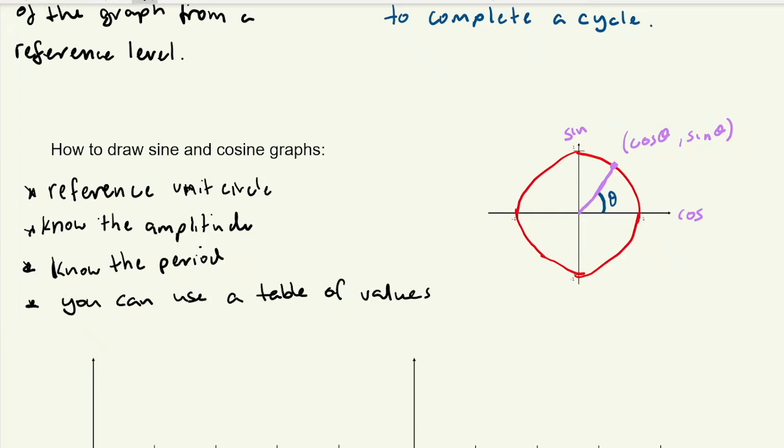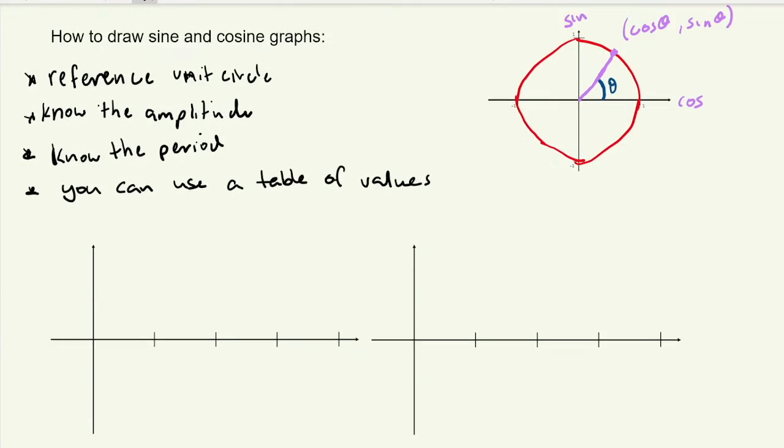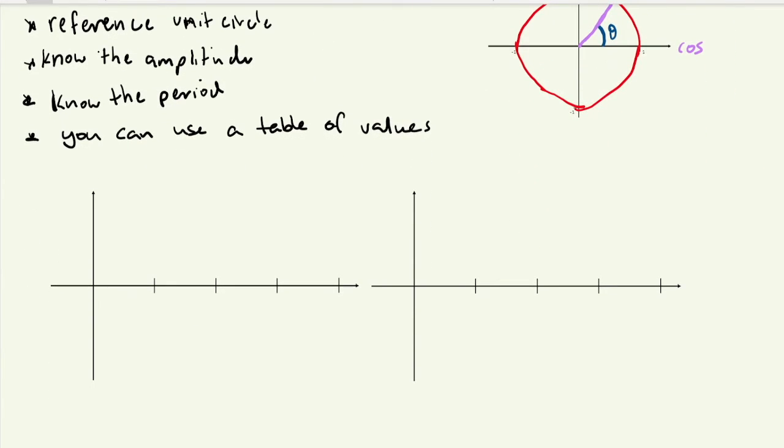Okay, let's have a look and actually draw a couple of graphs. All right, so let's do sine first. You'll see there I've actually marked out 4 little spots. So I'm going to give this 90, 180, 270, and 360.